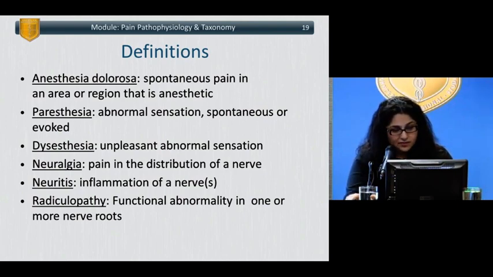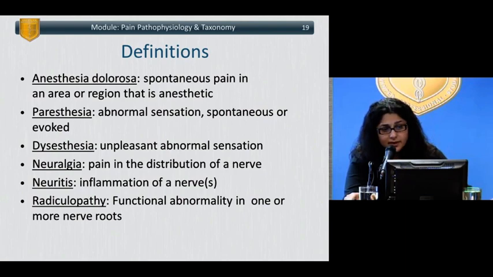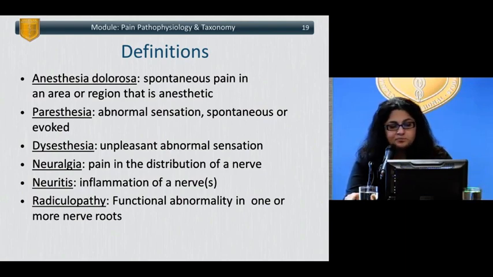Paresthesia is usually defined as an abnormal sensation, whether it be spontaneous or evoked. Dysesthesias are unpleasant abnormal sensations. An example of that would be a patient who tells you they feel like they have spiders crawling on their arms. Neuralgia is pain in the distribution of the nerve.